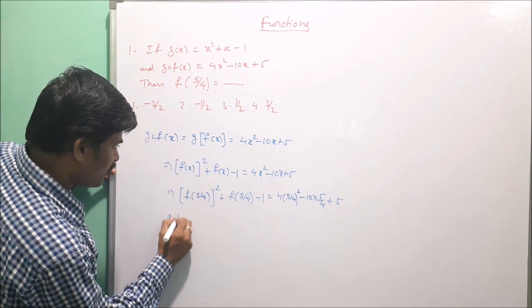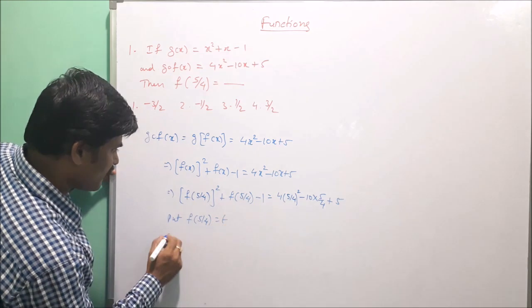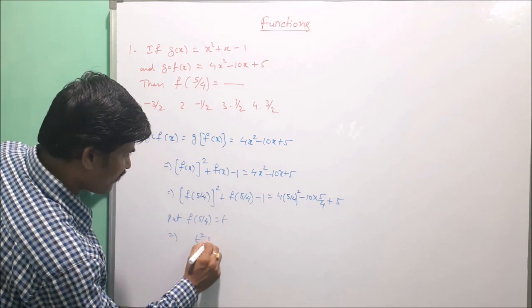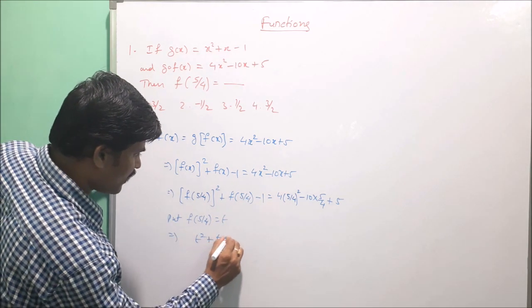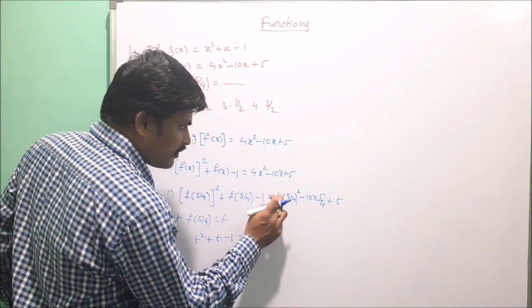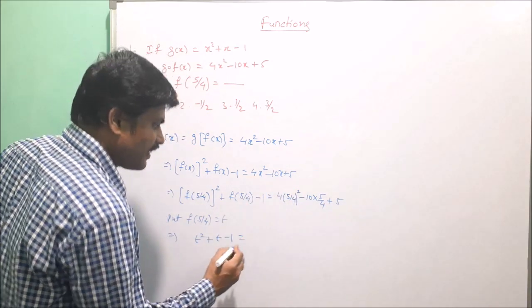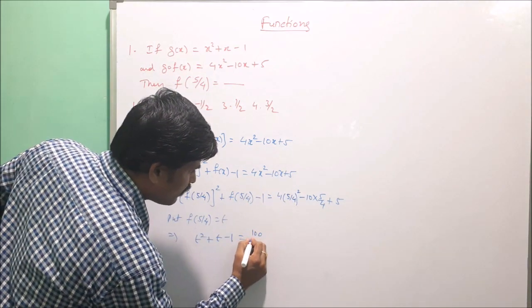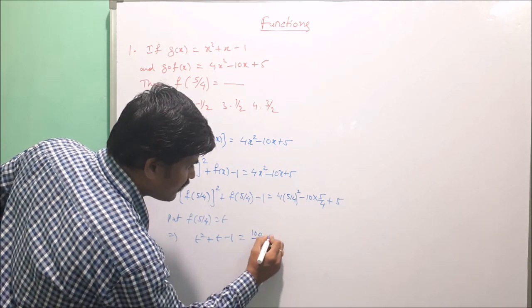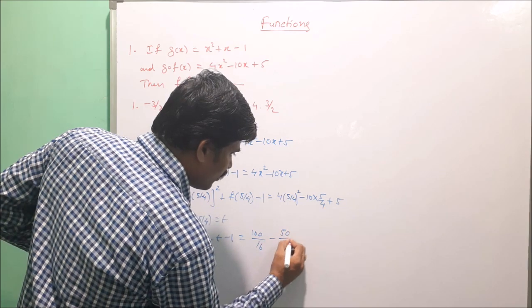Now put f of 5 by 4 equal to some t, which implies t square plus t minus 1 equals, here we observe that 4 into 5 square means 25, 25 into 4 is 100. So 100 by 4 square 16 minus 10 into 5, 50 by 4 plus 5.